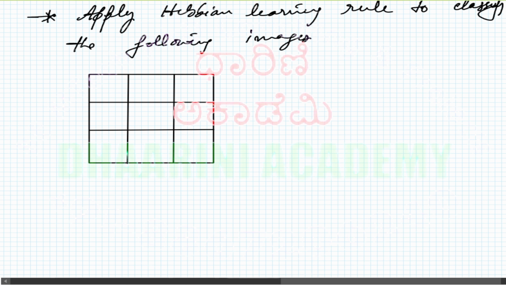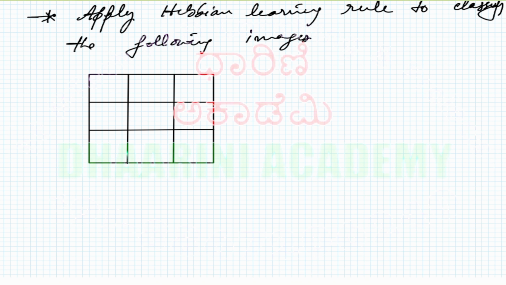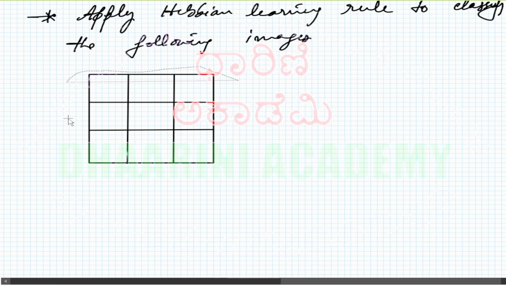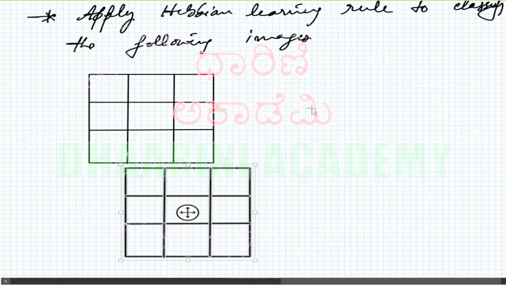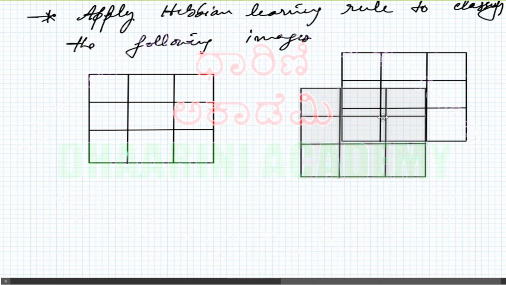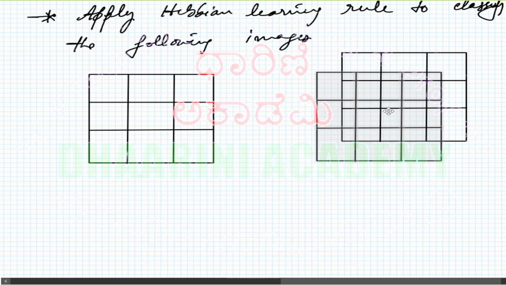Now I want to classify. Before that, let me copy this once again because I want to have two images. So these are the two images which we want to classify.